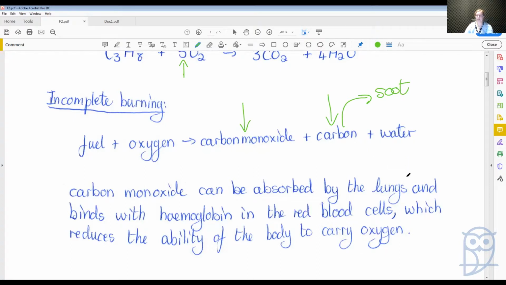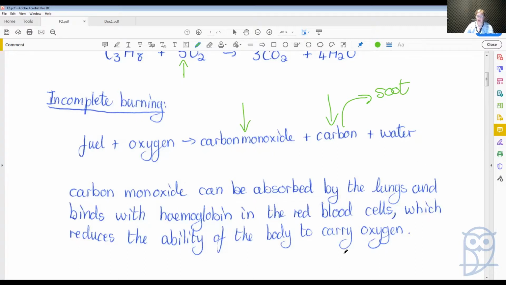The main way they would counteract something like carbon monoxide poisoning is with a blood transfusion or something along those lines. Or if it's not too bad, literally waiting it out and waiting until your body makes more red blood cells to replace those that have been poisoned. So this is not a great thing.